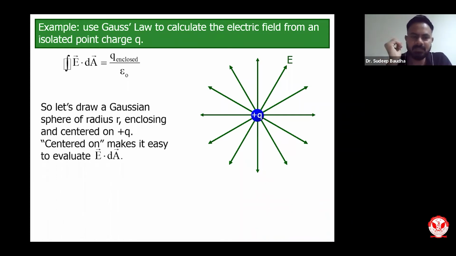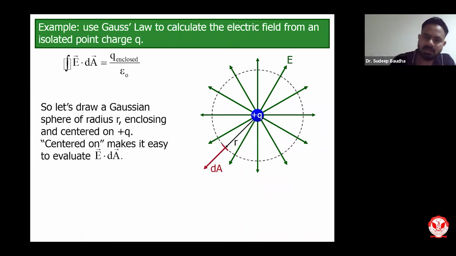Now we can evaluate the value of E dot dA. Our point was that we have a positive charge, and the electric field is coming out from it. We are about to calculate the electric flux, or we are also able to calculate the electric field because of this point charge.